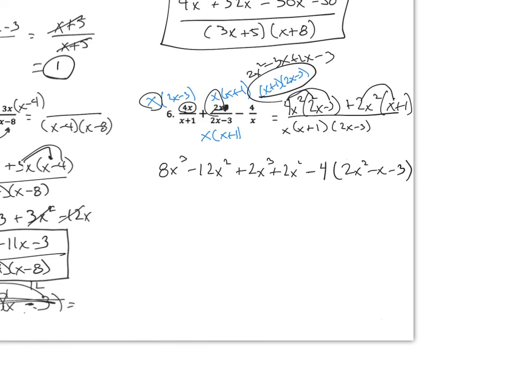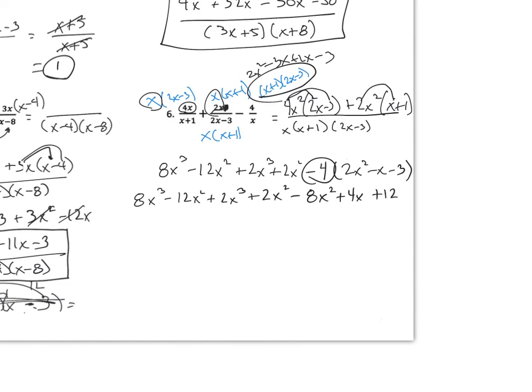All right, I'm going to leave the denominator off for just one second. Let's go back through this. 8x to the third minus 12x squared plus 2x to the third plus 2x squared. Now distribute the negative 4. The negative 8x squared plus 4x plus 12. Okay, here we go.